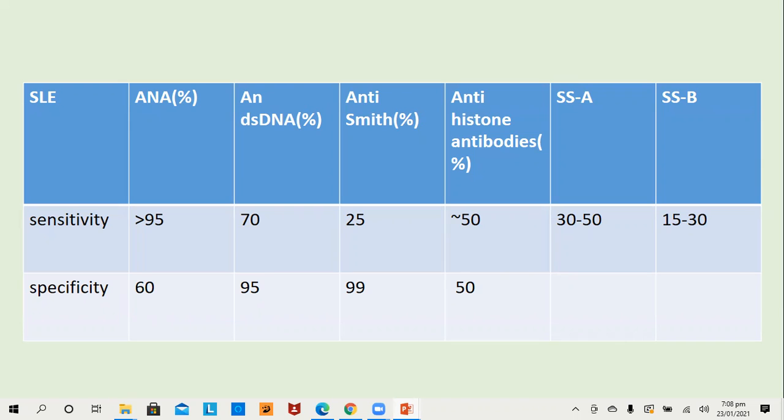Anti-Sm antibody is very specific for SLE but has sensitivity of only 25%. Anti-histone antibody has equal specificity and sensitivity, that is 50%. Anti-Ro or SSA is seen in 30 to 50% and anti-La or SSB in 15 to 30% sensitivity.